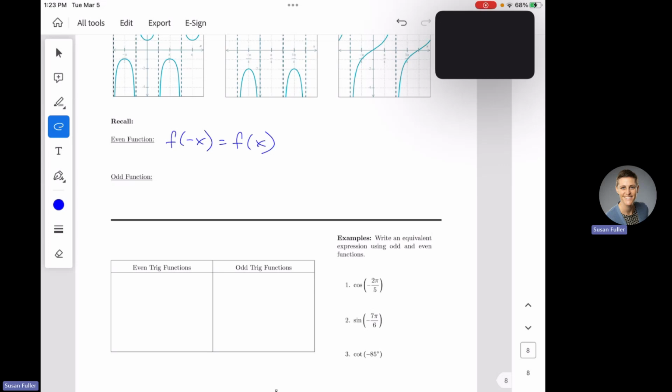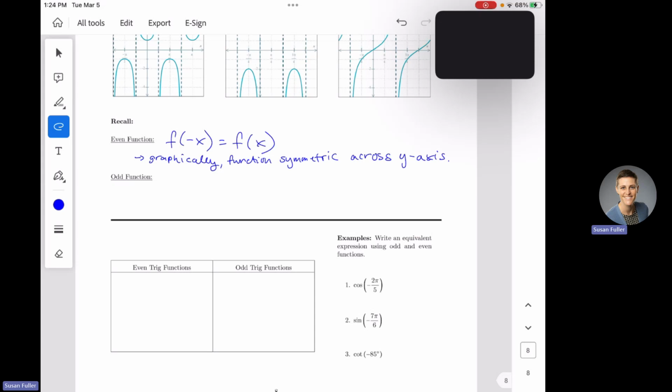And so what that means graphically for your function is that your function is symmetric across the y-axis.